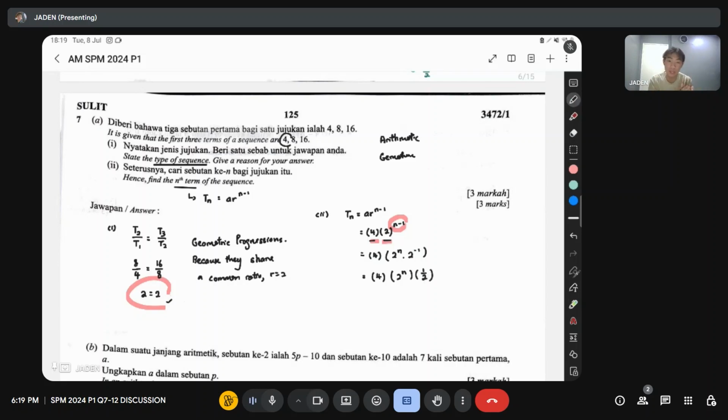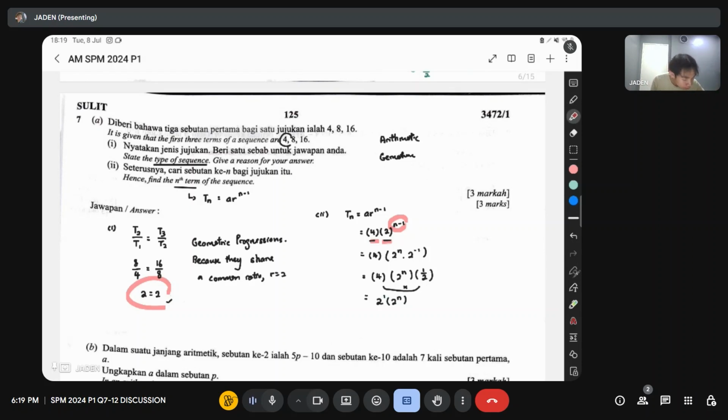When I put brackets, this is the same meaning as multiplication. So if you multiply 4 times 1 over 2, you will get 2, because 4 divided by 2. And then followed by 2 power n. Your whole number 2 alone has a power 1, but we usually don't write it out.